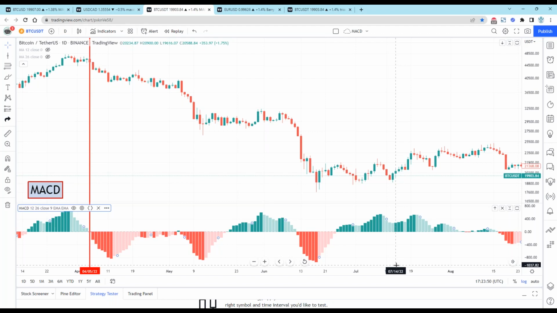We get to see the depth of the movement, we get to see overbought or oversold situations, and we can even see convergence or divergence when the MACD histogram starts moving in a different direction than price. And these are three of the stories that the MACD histogram, or MACD in general, gives us.